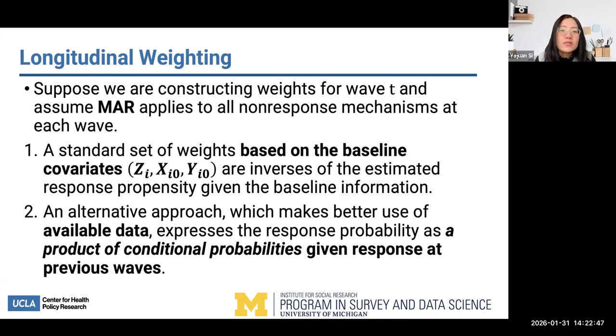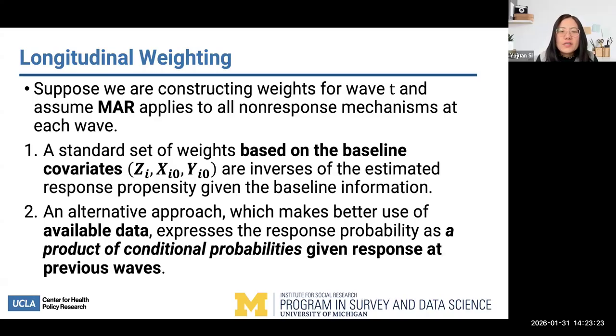So under the missing at random assumption, we have different weights. The first standard set of weights is constructed only using baseline characteristics. So we look at the response indicator for each follow-up wave. Then we model them by a response propensity score model with only baseline covariates included in the model.